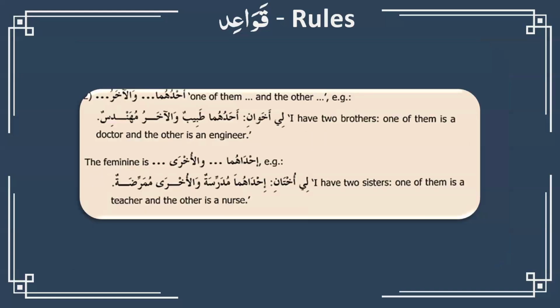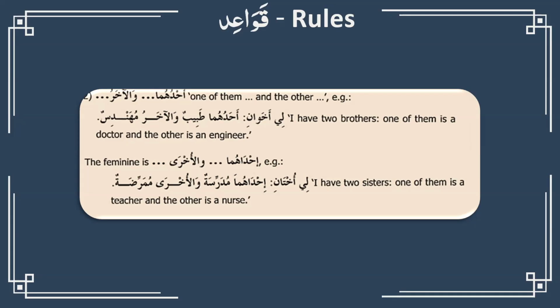Now, the second rule. When we say ahaduhuma, it means one of them, and wal akhar means the other. However, the feminine of that will be ihdahuma. So ahaduhuma is for the masculine, and ihdahuma is for the feminine, which means one of them.